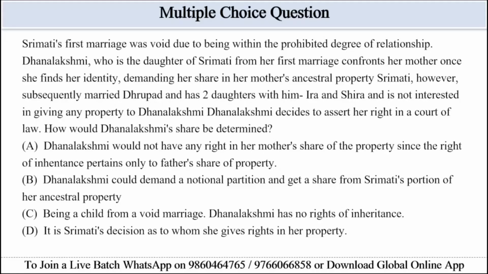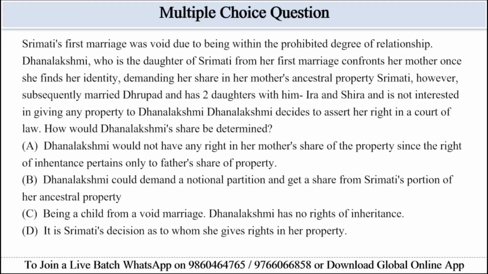Maternal and ancestral property inheritance is valid. Option B says Dhanalakshmi could demand a notional partition and get a share from Smriti's portion of her ancestral property. This one is correct because it matches with the passage. Option C, being a child from void marriage, Dhanalakshmi has no right of inheritance. This one is wrong. The passage affirms the right of such children.